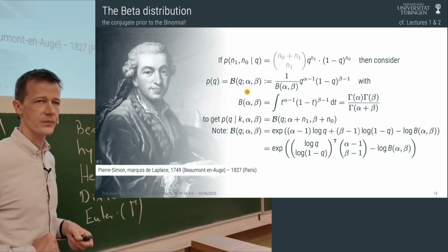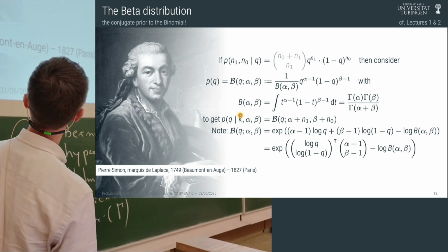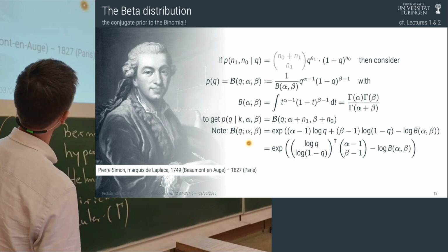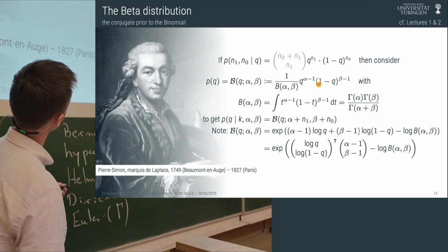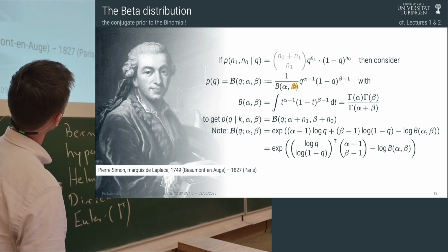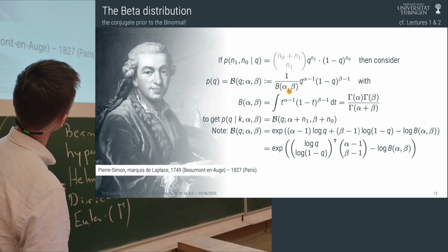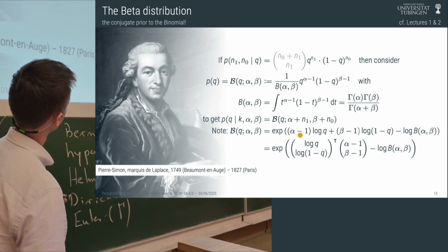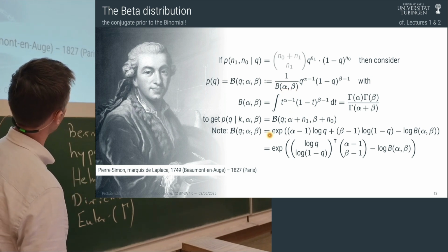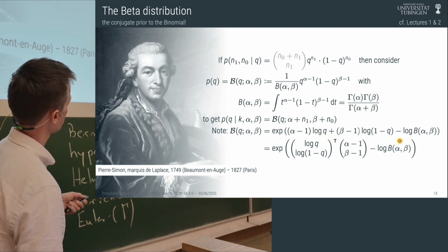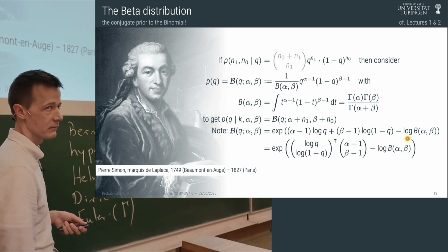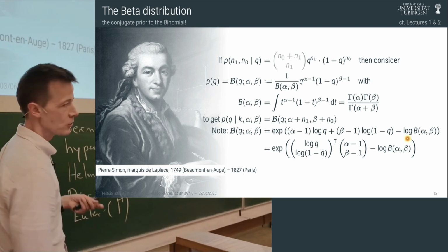So first, let's observe that this beta distribution is itself an exponential family. So if you take this structure here, and you introduce an exponential again here, then you see that you can write this as the exponential of alpha minus 1 times log q plus beta minus 1 times log 1 minus q, minus the logarithm of beta. And now we see that there is no carrier measure here.